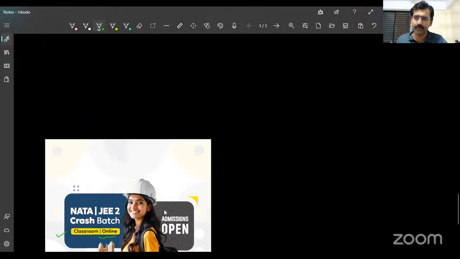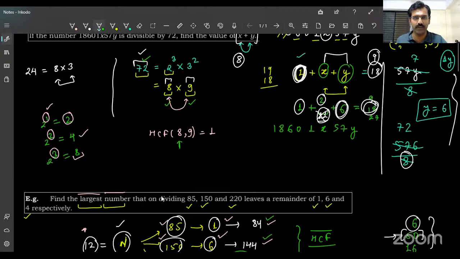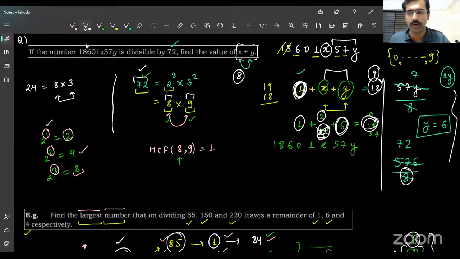Now, let's get back to all that we have discussed so far so that you get complete clarity on this particular session. First of all, this question was basically based on divisibility rules. Whenever it comes to aptitude, you should be aware of divisibility rules. That means you should know how a number is ensured to be divisible by a given number.